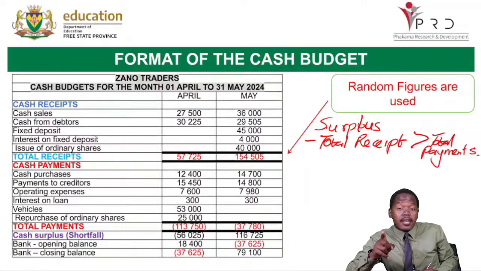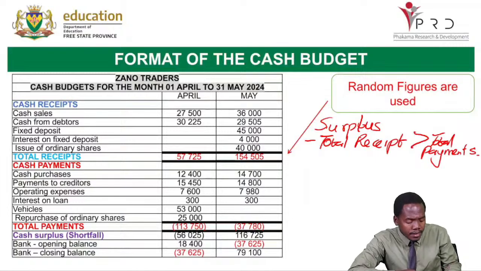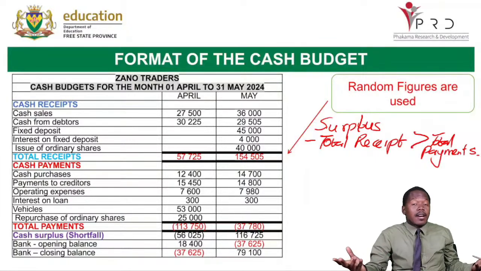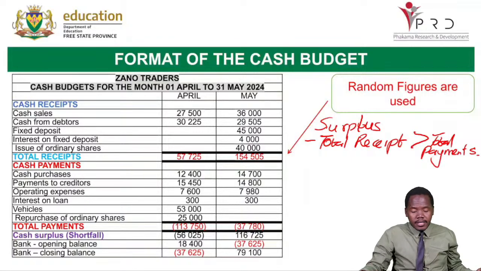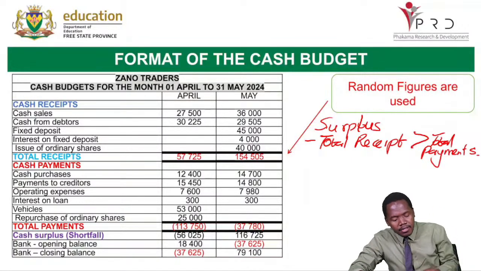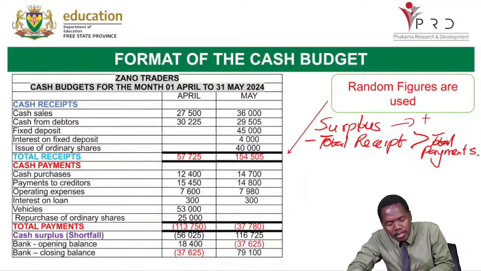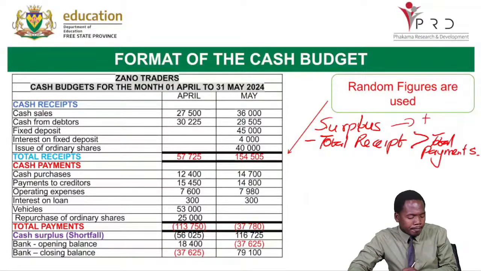So if your total receipts are bigger than your total payment, if on the receipt we have 154,000 for an example, on your payments you have 37,000, then you will get a surplus. So a surplus, we show it by a positive sign or no bracket.